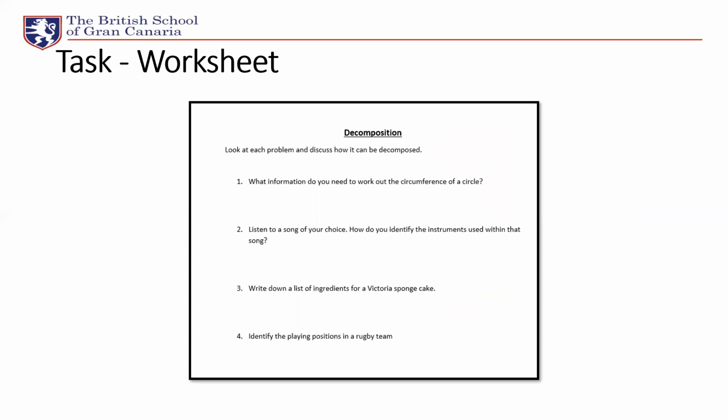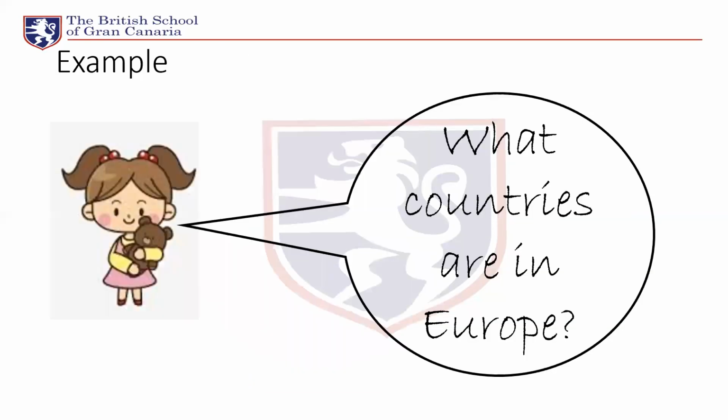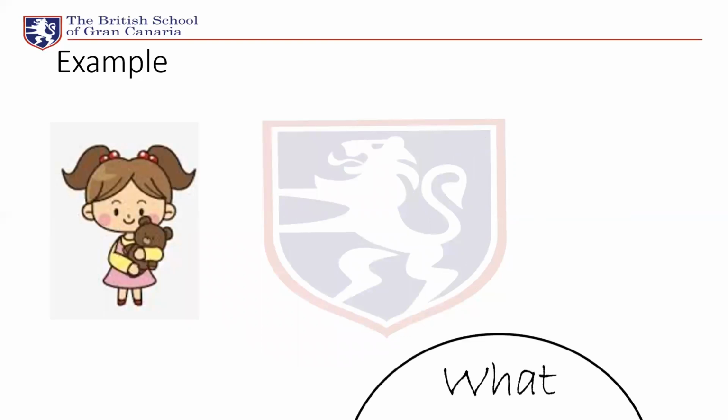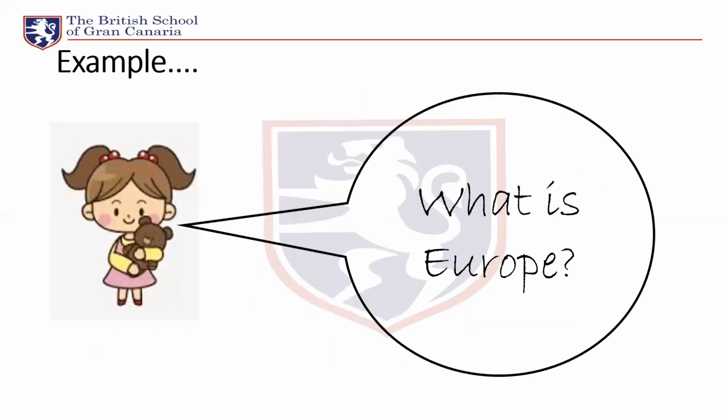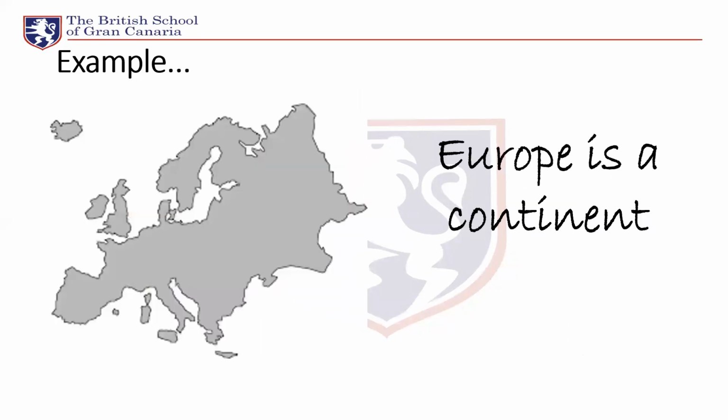Now, let me go through that with you one more time. Sorry, hang on, I'm going to go back to the original bit. When little sister comes up to you and says, what is Europe? You're going to say, well, Europe is a continent.